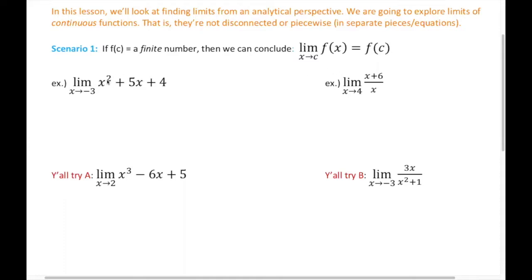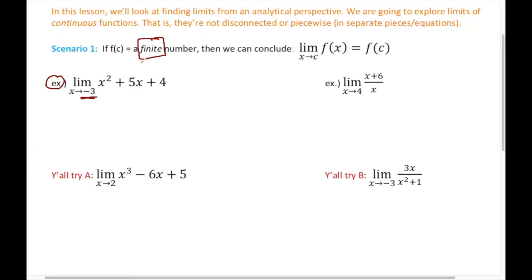When you plug in the values, such as on this first example, when we plug in -3 for x, if you get a finite number, meaning that you don't get division by 0, nothing crazy like that, if you get a tangible number, so to speak, then that means that the function value and the limit value are the same.